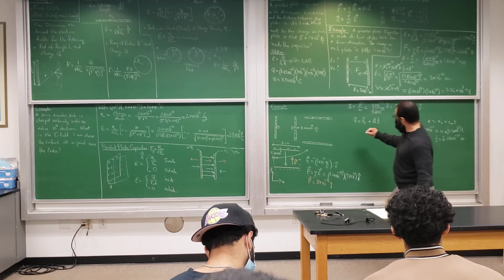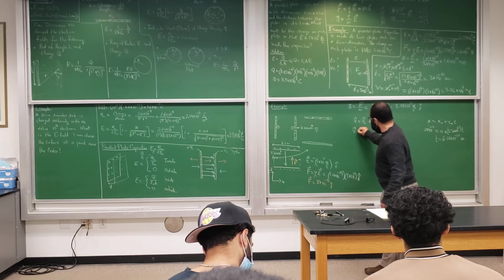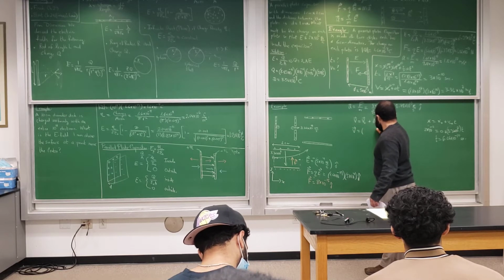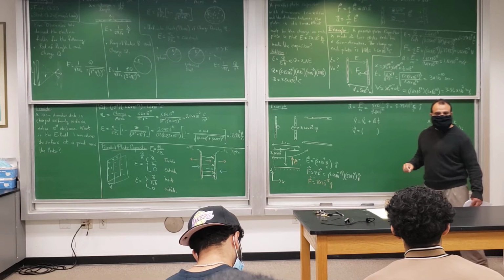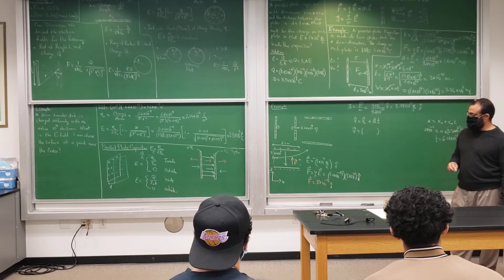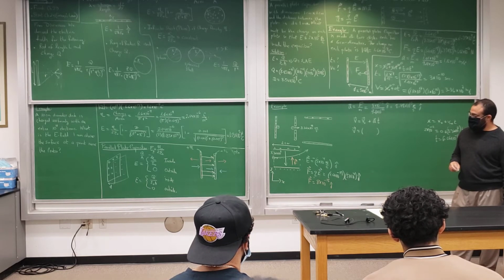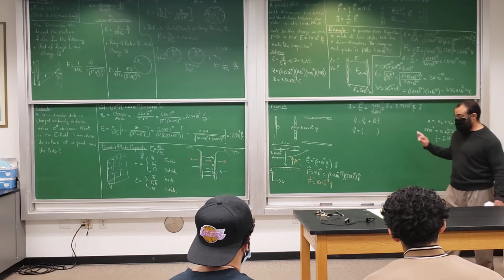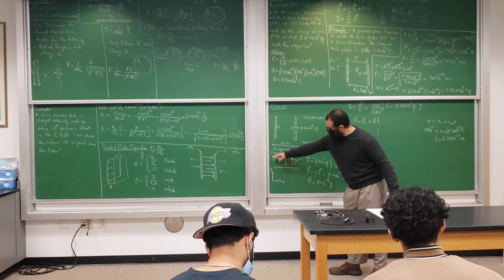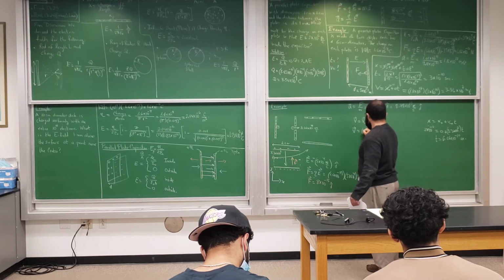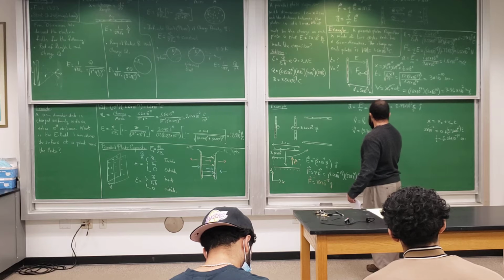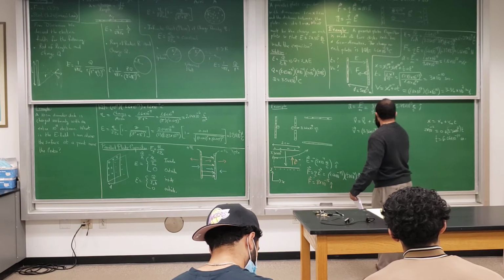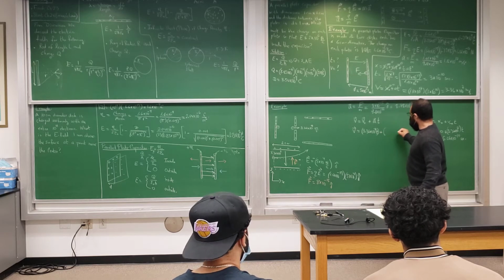So the final velocity is v initial. What is v initial? 3.36 times 10 to the 7. I hat, j hat, what? Only i hat, yeah, that it's moving horizontally initially. So 3.36 times 10 to the 7 i hat, plus the acceleration times the time.